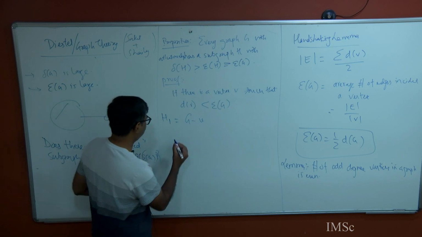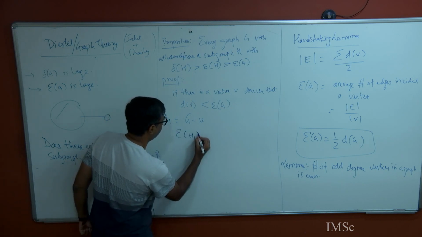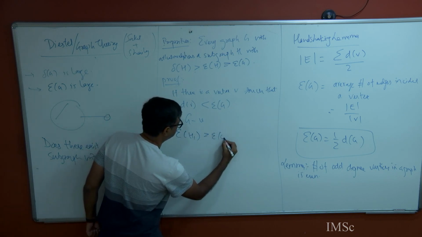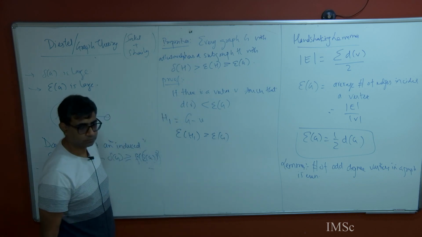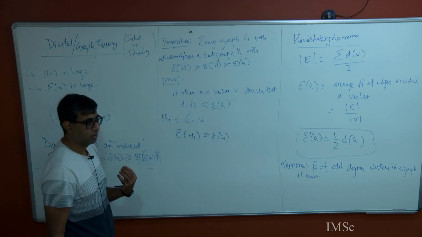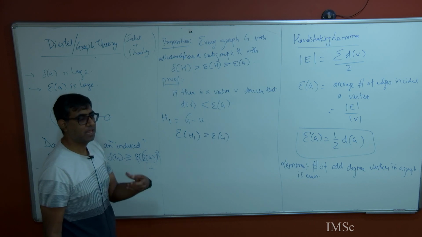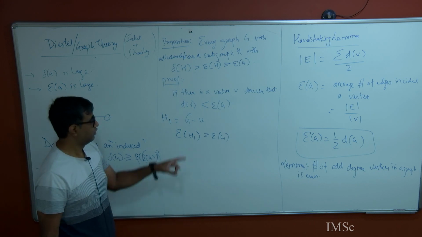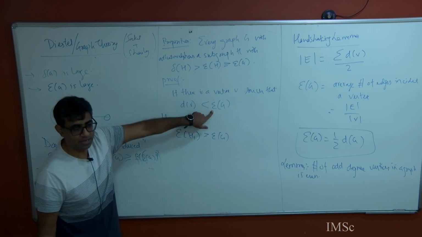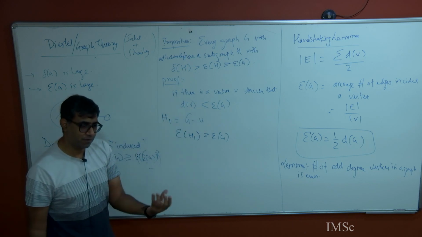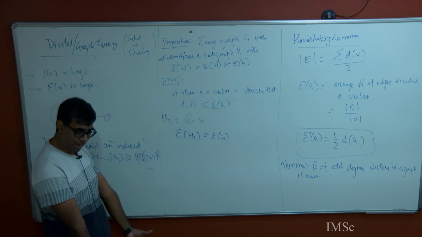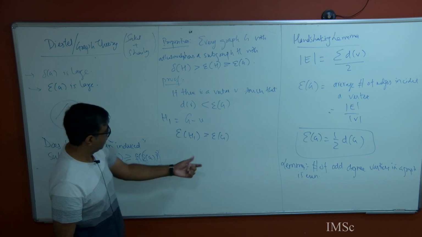So I want to say, look, even epsilon of H1 is greater than or equal to epsilon of G. Because for this vertex, how many edges are you deleting? You are deleting strictly less than epsilon G edges, and you are also deleting one vertex, right? So edges per vertex is still greater than this quantity.